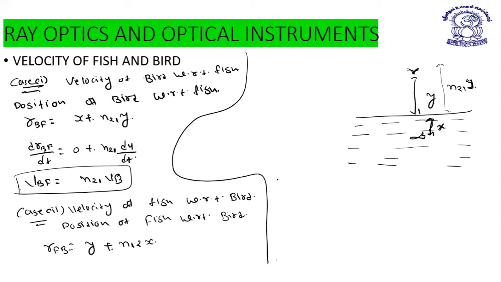Again, differentiating both sides with respect to time, we will get the velocity of fish with respect to bird. If the bird is stationary, then dy by dt will be 0, and we get N12 into dx by dt, that is the actual velocity of fish.